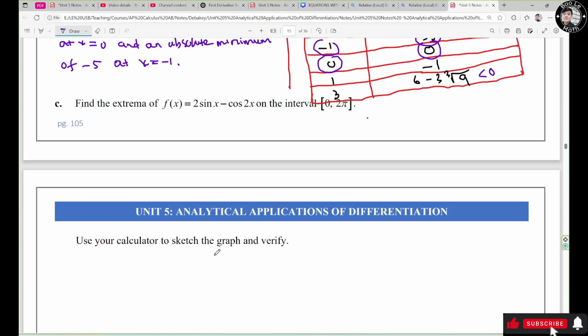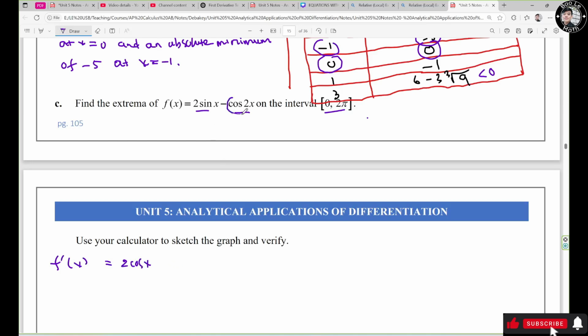Now let's move on to question C. Find the extrema of f(s) equals 2 sin s minus cosine 2s on this interval, right? So you need to take the first derivative. f prime of s is going to be 2 cosine s.